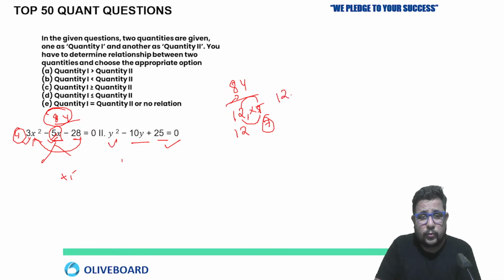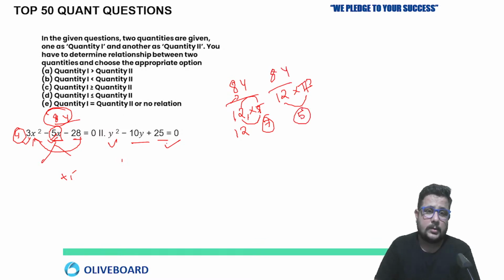But if we do 12 multiply 7 and take the difference, that is going to be 5 here. 12 into 7 is 84, and 12 minus 7 is 5. Clear? So 12 and 7 are the factors.